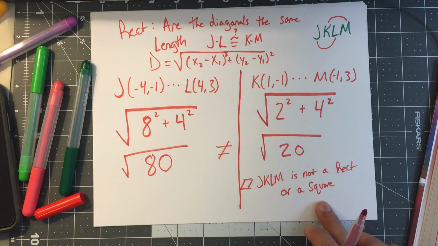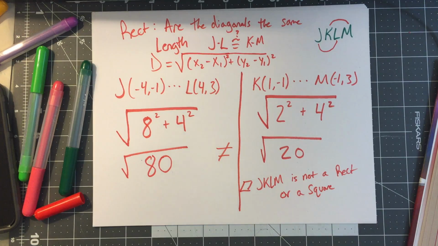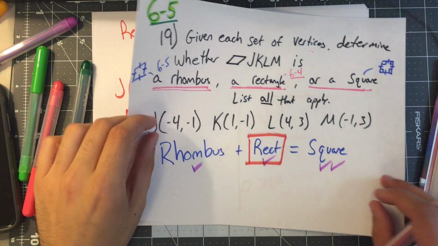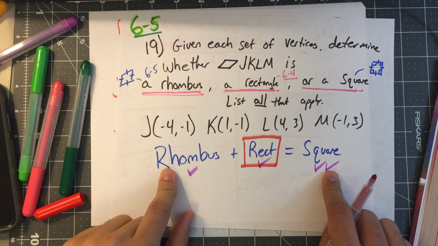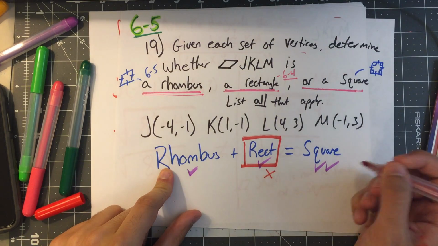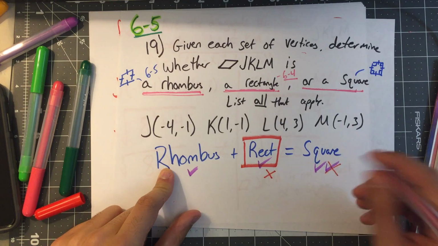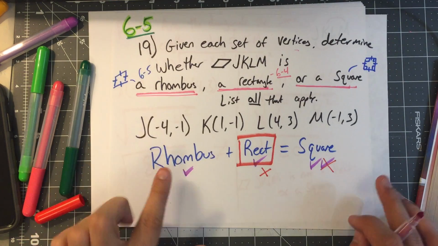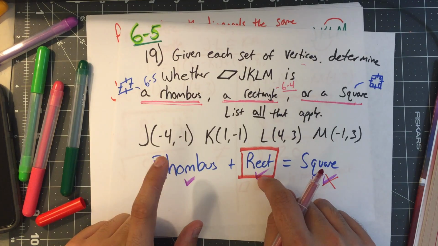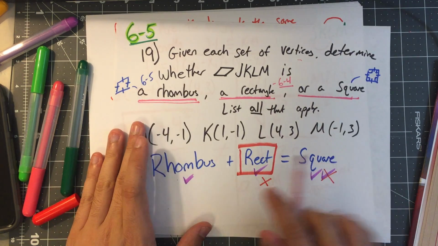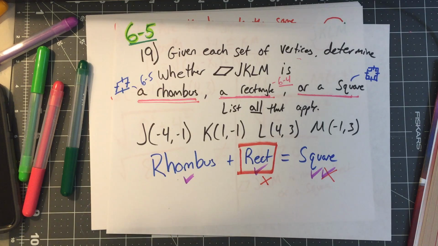It is not a rectangle or a square because, remember, if I go back in time, I need both of these to work to get here. So if I already know this one doesn't work, I can't do this one. I know it's not a square, but it could be a rhombus. These two do not depend on each other. So I'm going to do the rhombus test next.